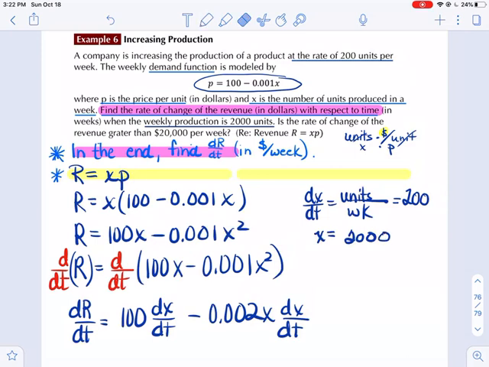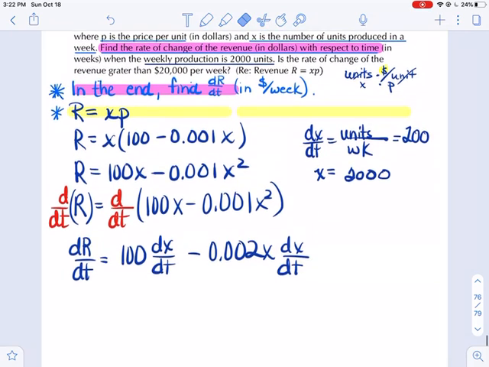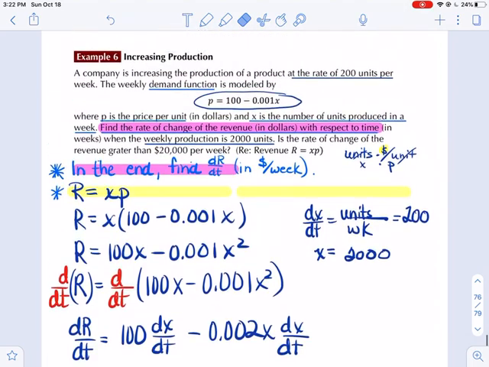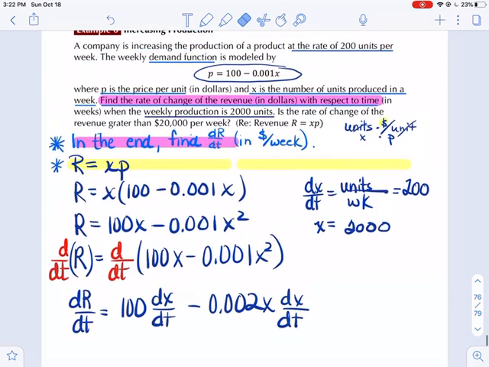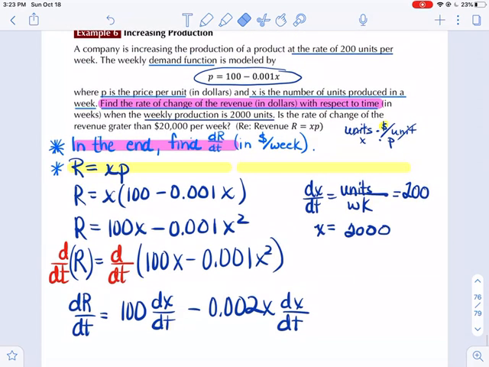Did I say that backward? 200 units per week, and the weekly production is 2,000 units. Sorry about that. Let's make sure that we have everything.